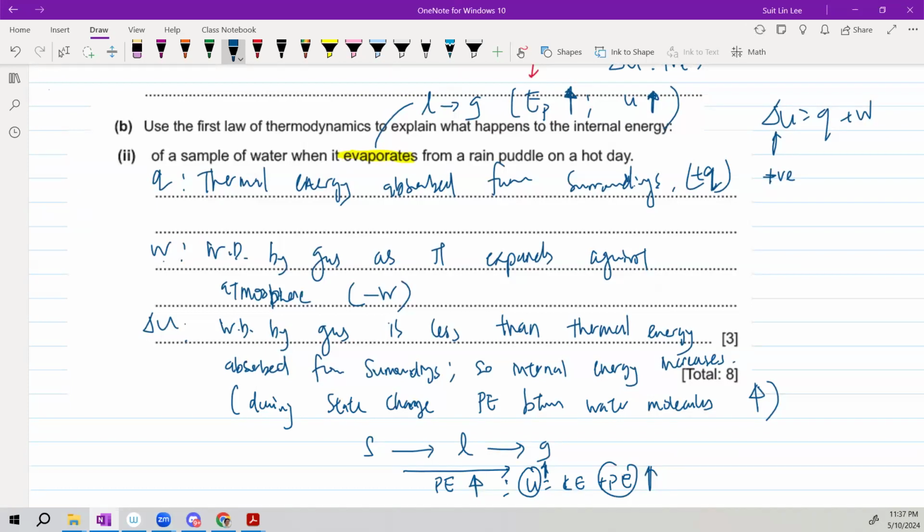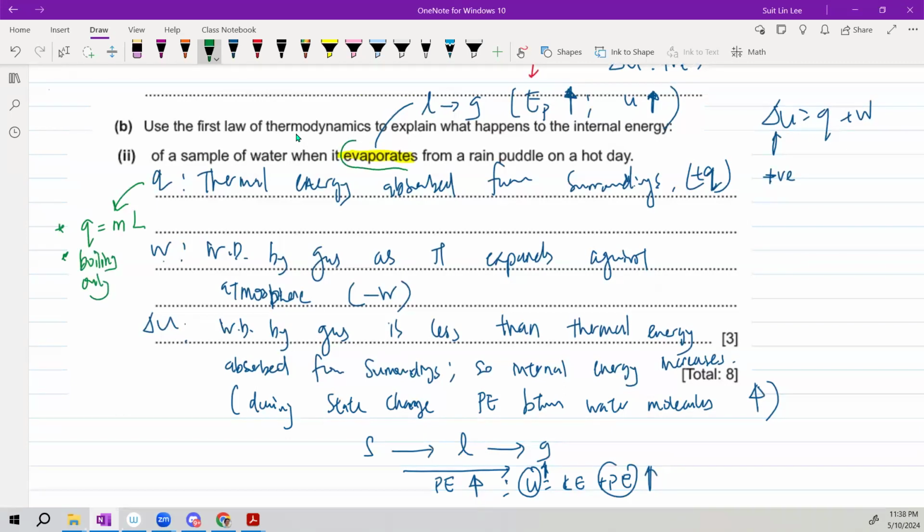The thermal energy absorbed is equal to the latent heat of vaporization. Yes, but writing it doesn't give you any marks for this question. Q is equal to ml. But wait, this is for boiling only.